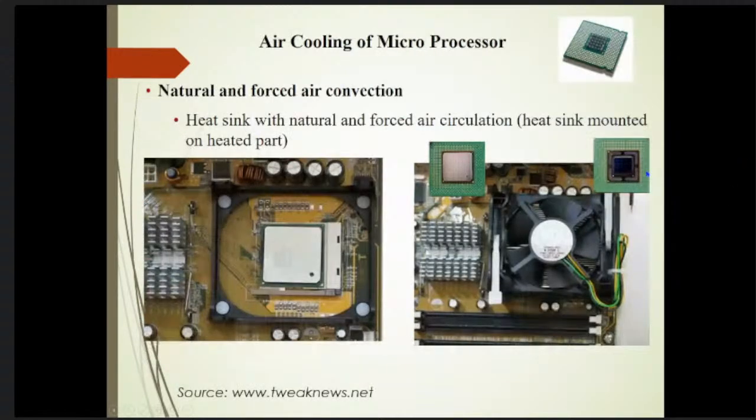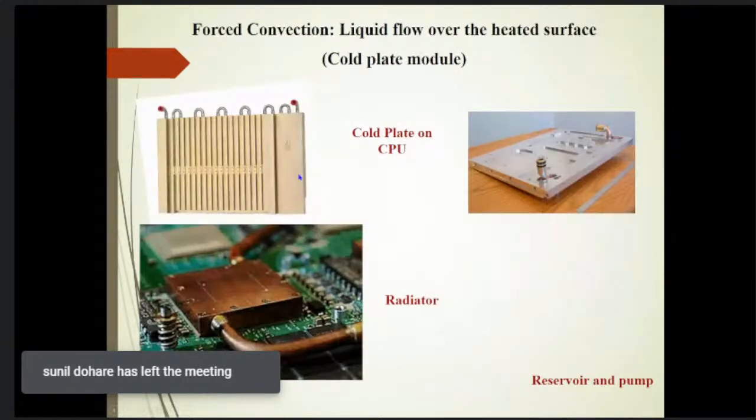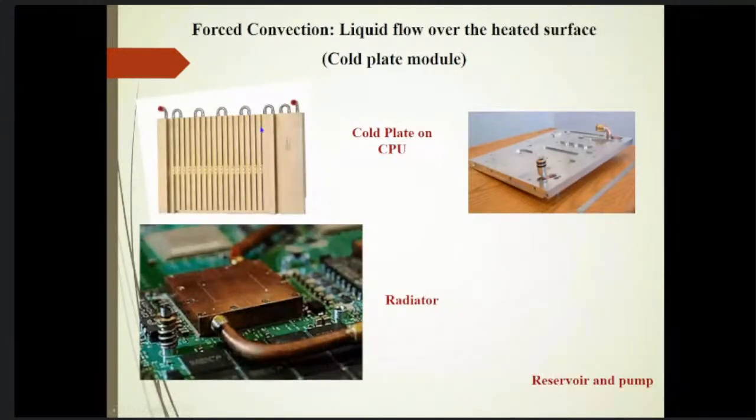One way of cooling this chip is to put a heat spreader over it, that can be your cold plate, and then make the liquid flow through this spreader, which takes the heat away.